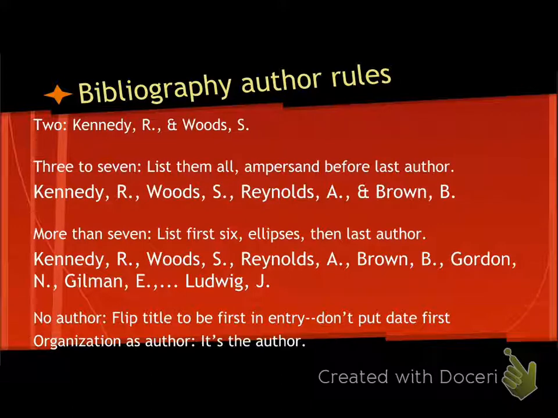If you have two authors, then it's the last name of the first guy, comma, the first initial, followed by a period, comma, and then this little guy is what we call an ampersand. It's the and sign.